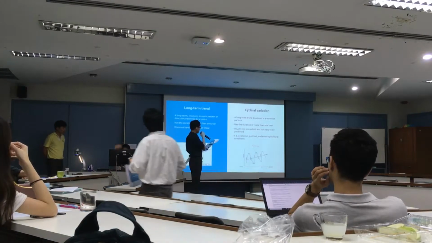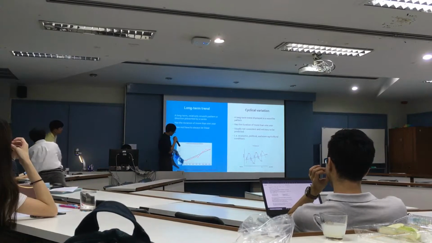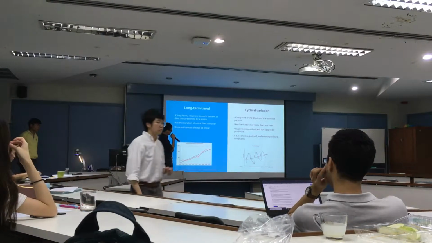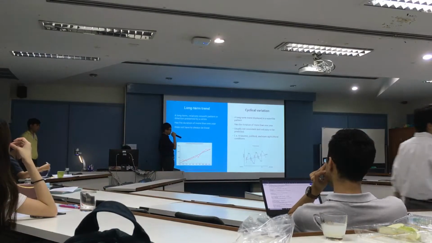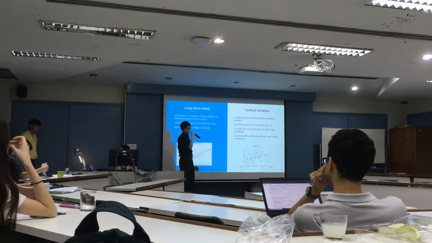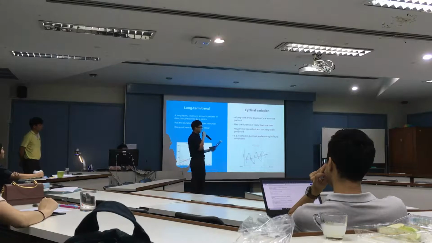The first one is the long-term trend. You might see that this is very similar to GDP growth for some countries, or it might correlate to stock prices for small startup companies. Long-term means a period of more than 1 year.